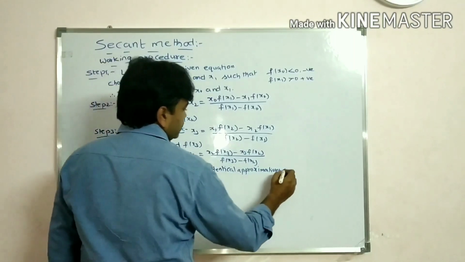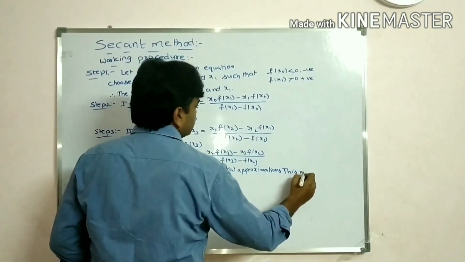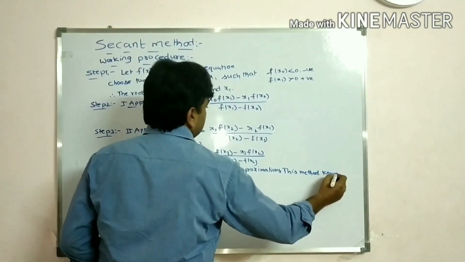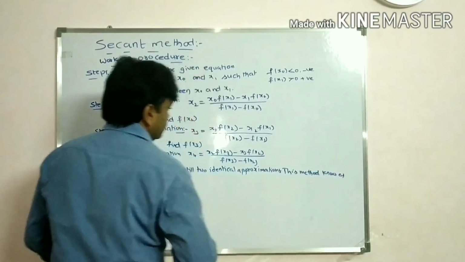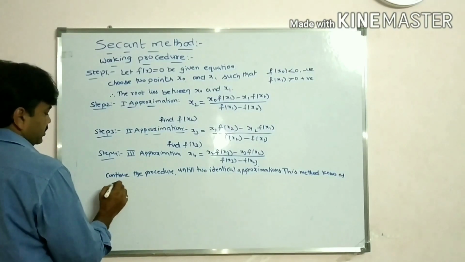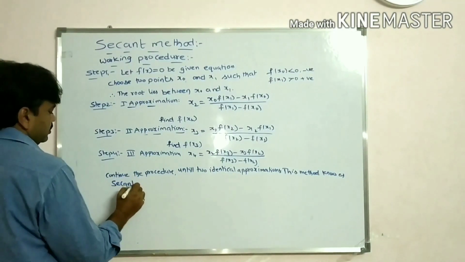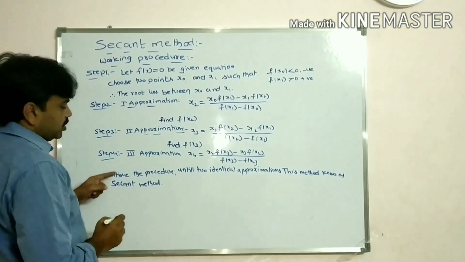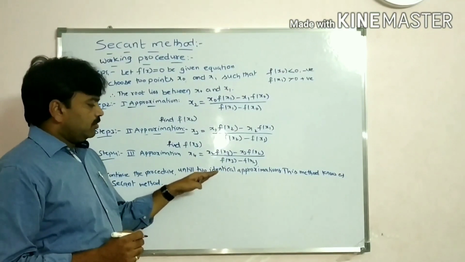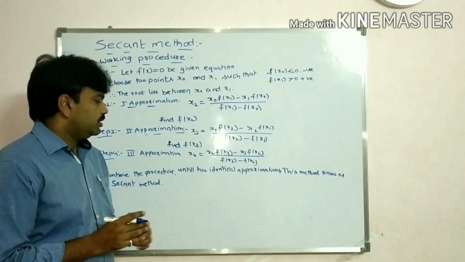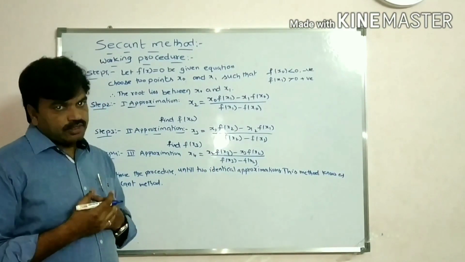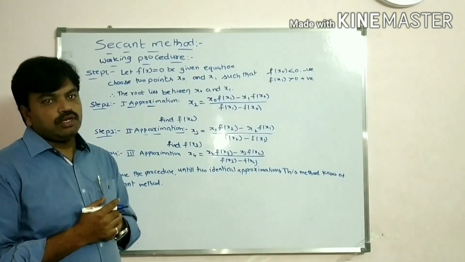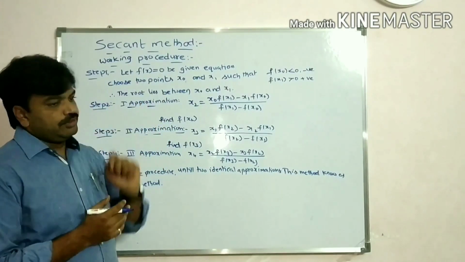This method is known as secant method. So continue the procedure until two identical approximations. That means when two approximation values are equal, that is called the root of the given equation.